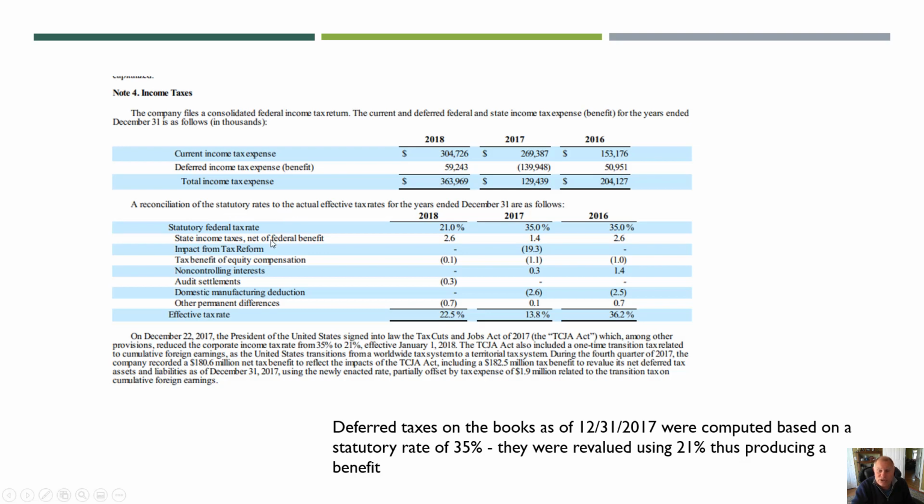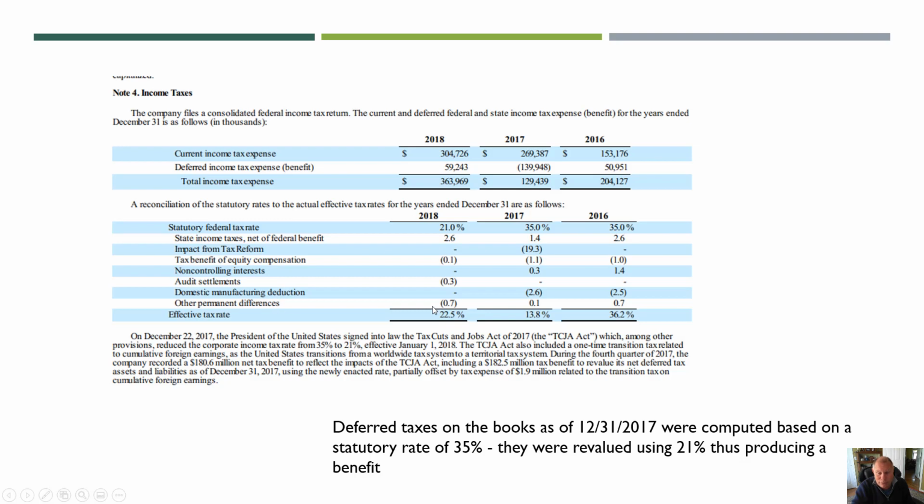So it starts out, here's the statutory federal rate. In 2018 it was 21%, but prior to that it was 35%. Okay? And then it's adjusted for state income tax, impact of tax reform, other items.